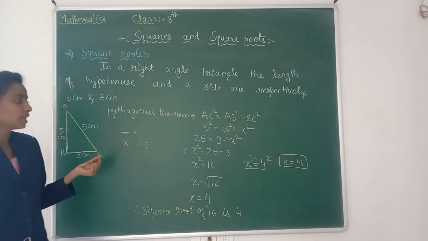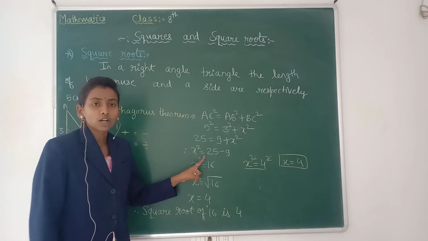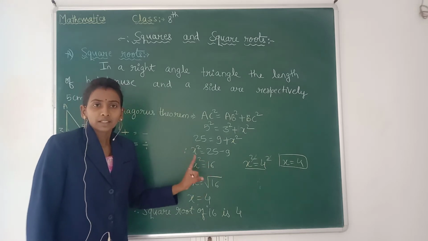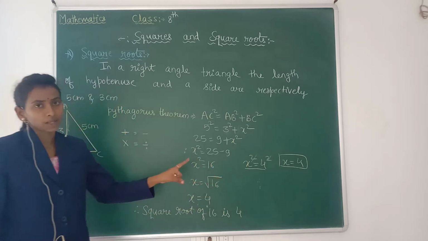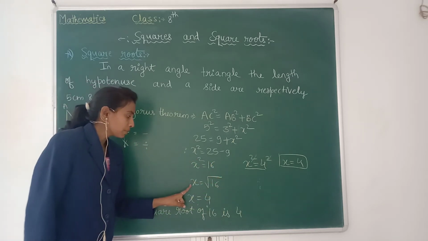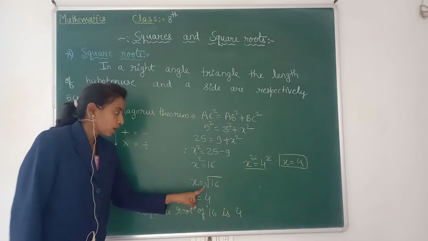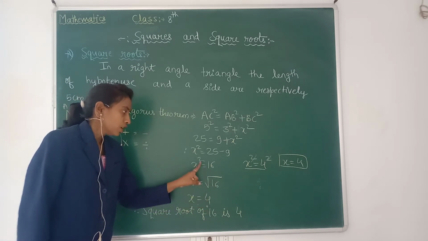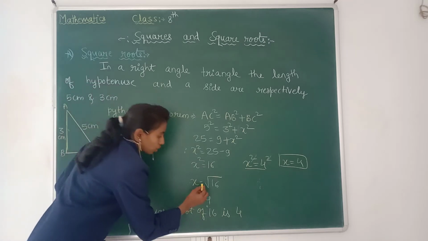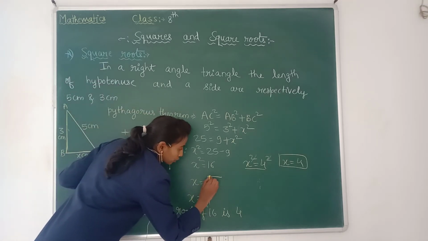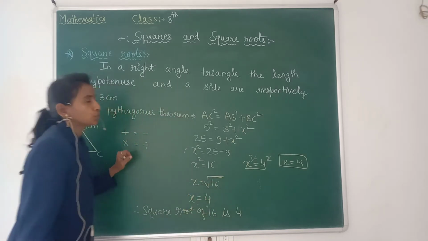Like that only, when a square crosses the equal sign it takes the square root position. So I am keeping x as it is, equal to 16. When the square crosses the equal sign, it takes this position that we call square root.